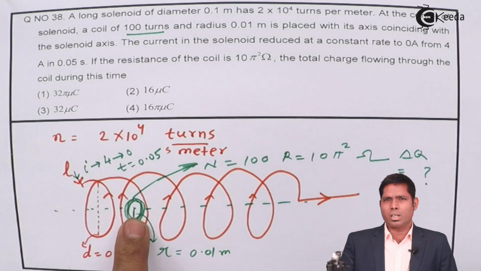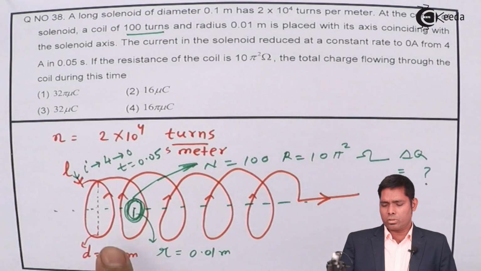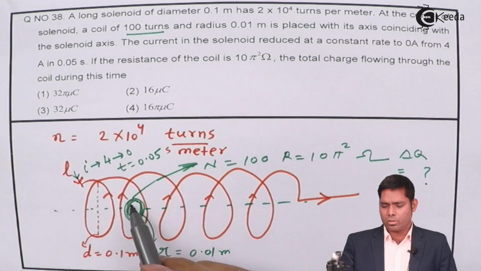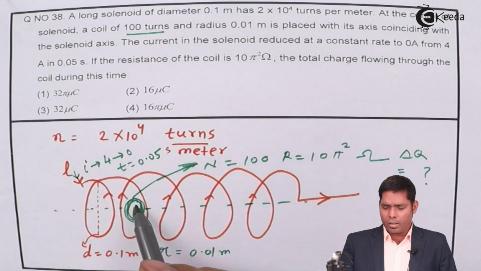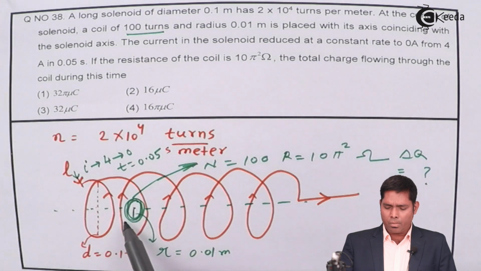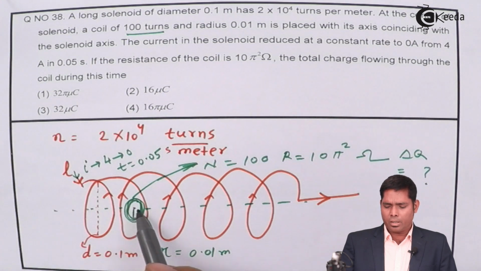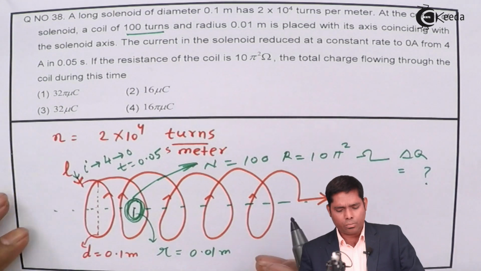Because of the change in the magnetic field, there is a change in the flux associated with the coil. When there is a change in flux, induced EMF will develop. When the induced EMF is developed, the charge will definitely flow, and we have to find that charge that has flowed.